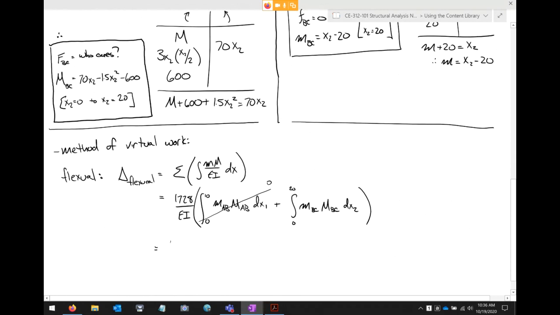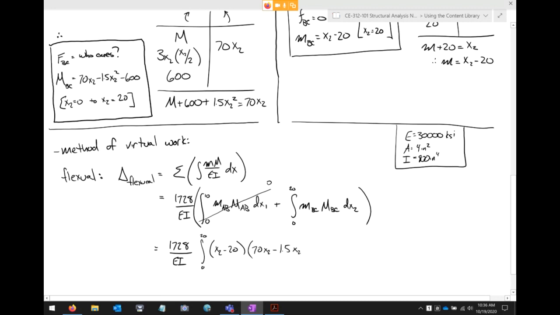All I have to do is 1728 over EI, and remember E was 30,000, A is 4, I is 800. And so I integrate from 0 to 20. This was x minus 20, that's the little MBC. The big MBC I just derived: 70 x2 minus 1.5 x2 squared minus 600 dx2.